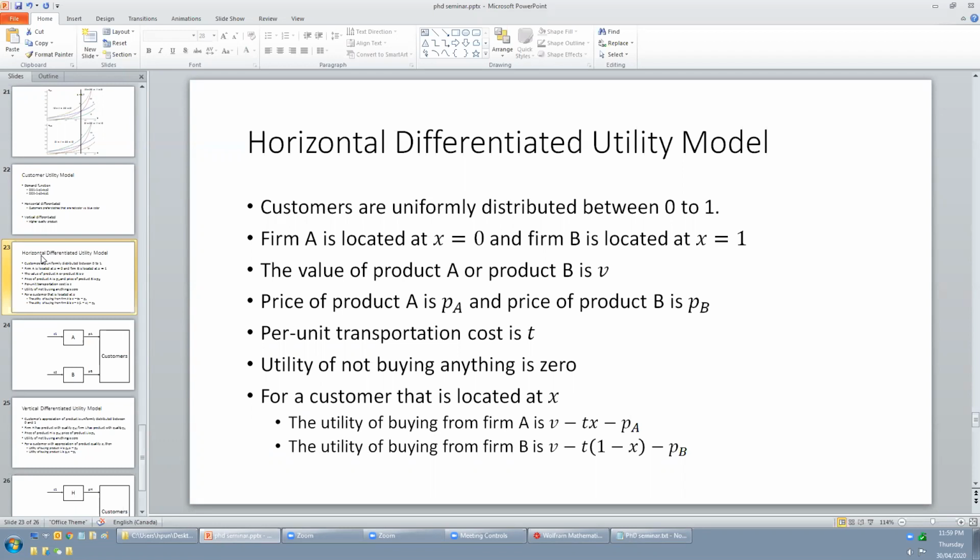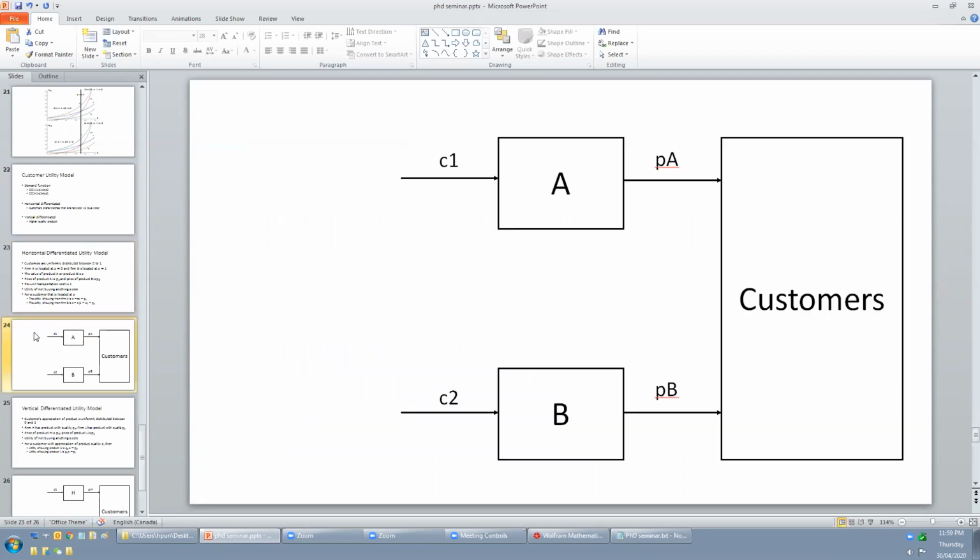In order to explain the concept a little bit more, let's consider this example. We have seen this example before. Last time, we used the demand function of D equals 1 minus P1 plus BP2.